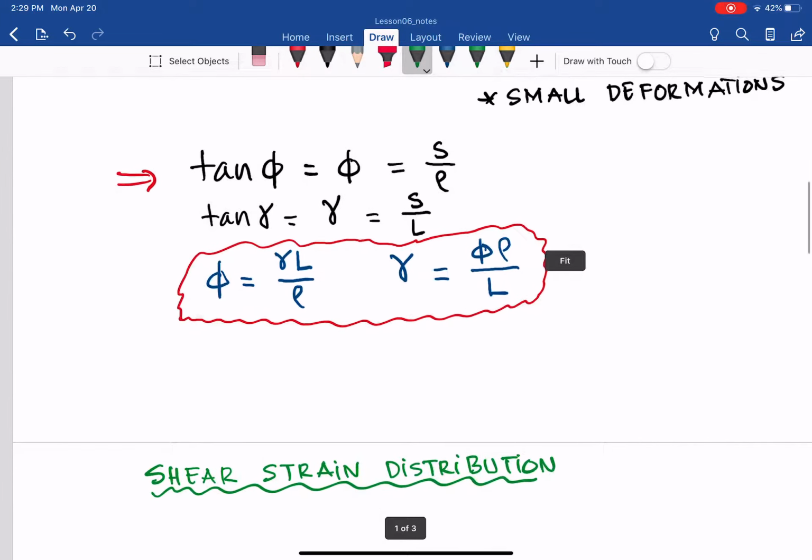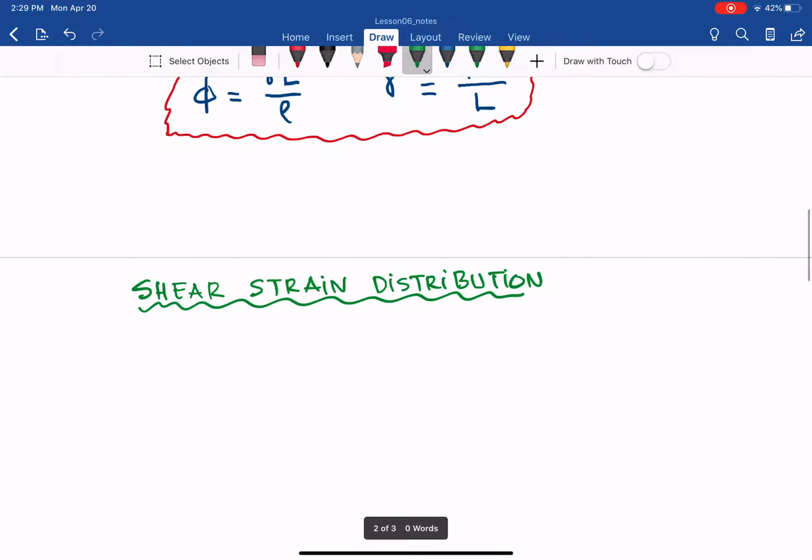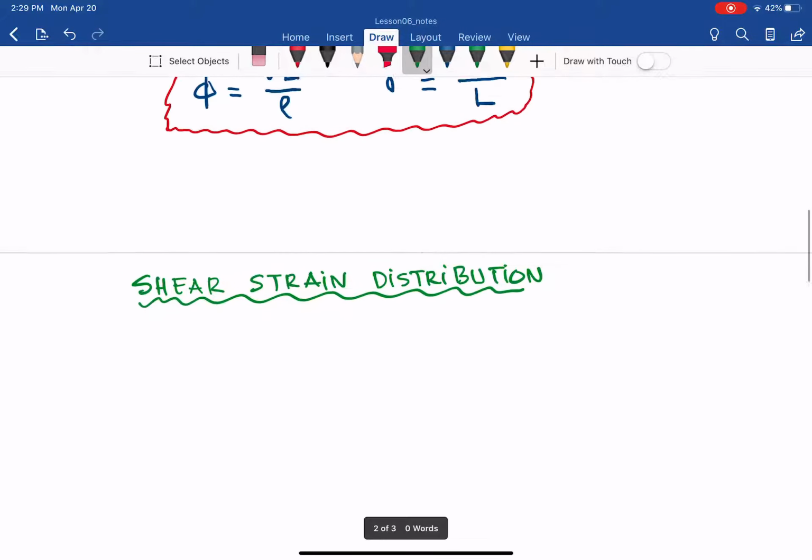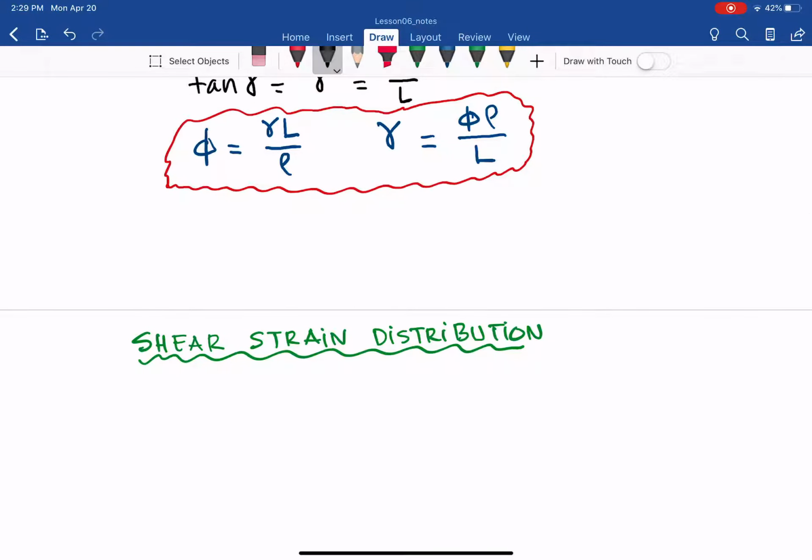So with that, we can transform γ equals φρ over L as follows. For a given torque or torsion, the length of the member and the angle of twist φ are constant.